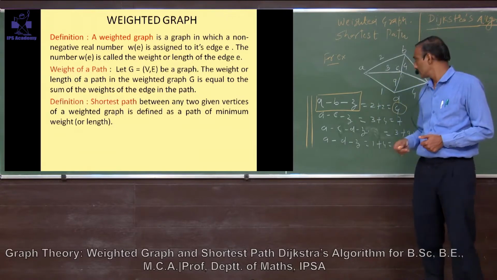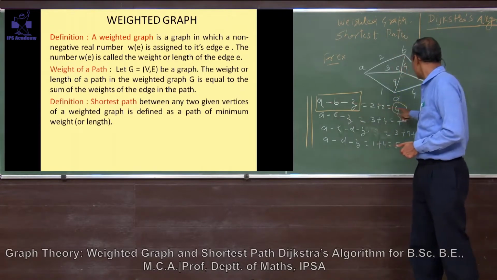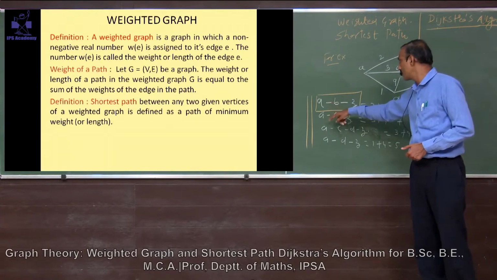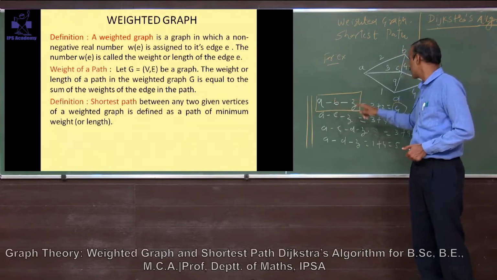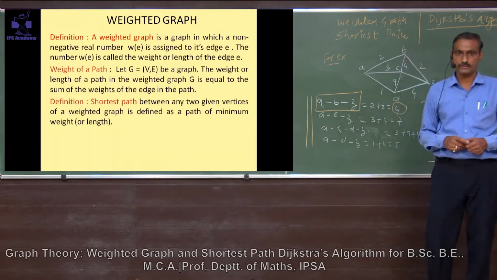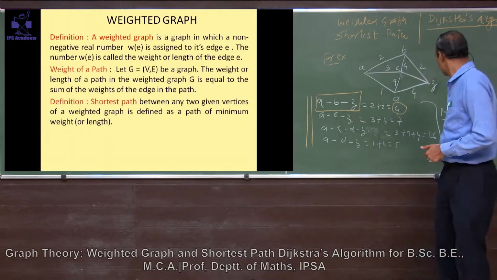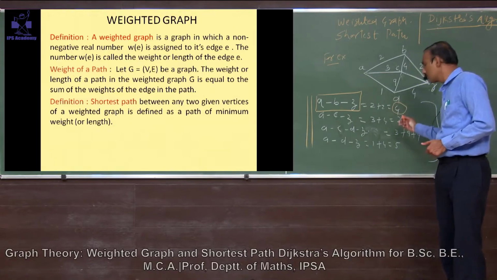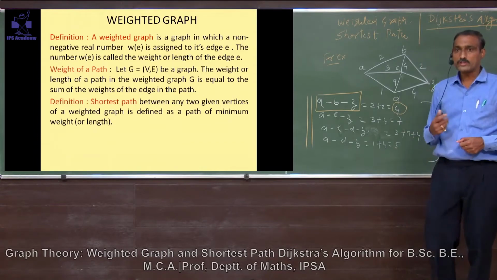Now the weight of this path is 4, the sum of the weights of all edges. A to B and B to Z are the edges, and their sum gives the weight of the path. Similarly, the weight of this path is 7, this is 16, this is 5. Now what is the shortest path?